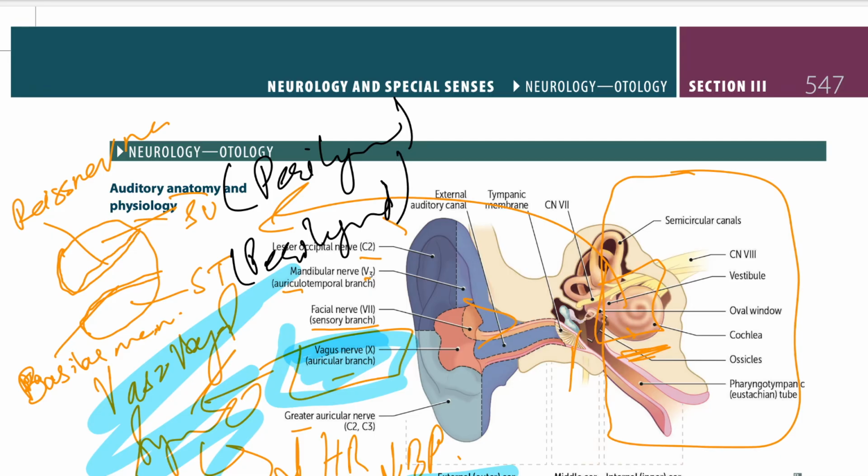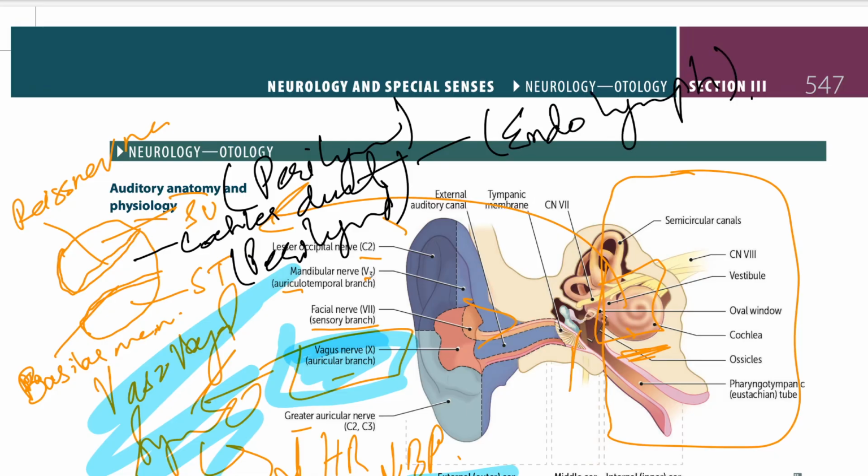Now, importantly, what is going to be different is this part in the middle, and this part is the cochlear duct. And this contains endolymph.